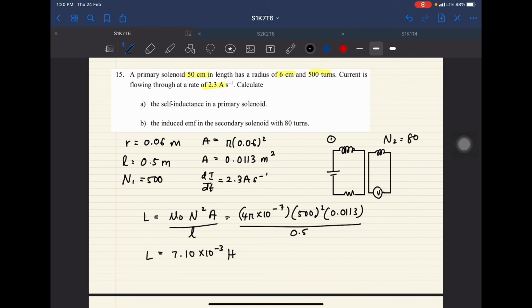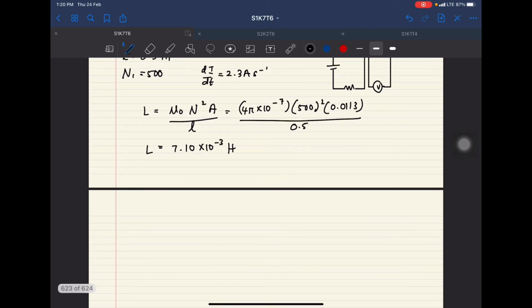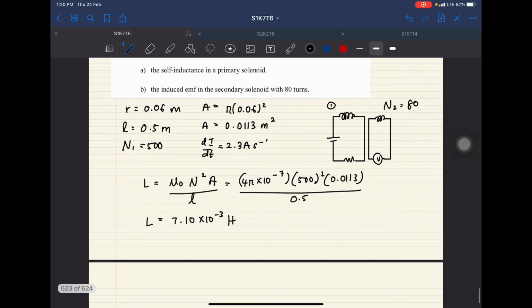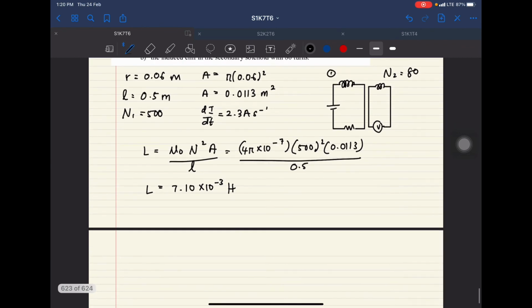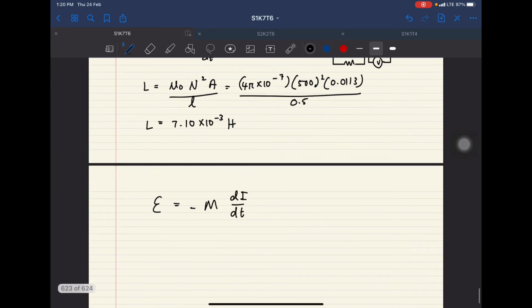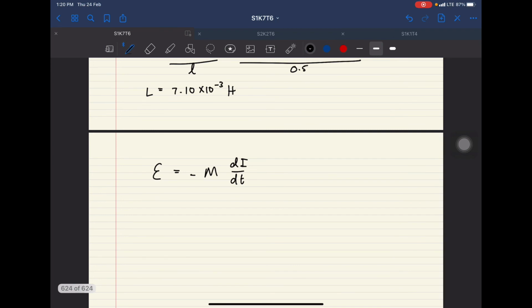So your N1 is 500. So they ask you to calculate the induced EMF. Okay, to calculate induced EMF, you can use epsilon, EMF equals to negative M di dt.